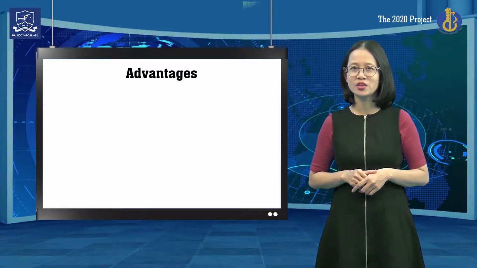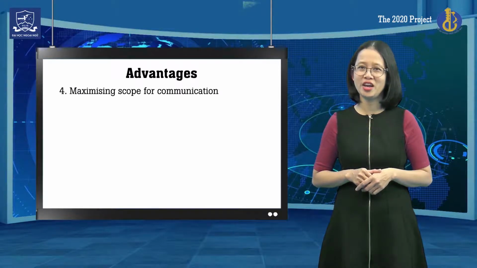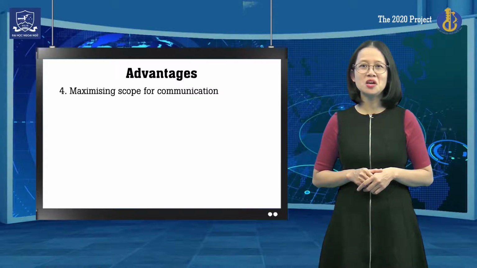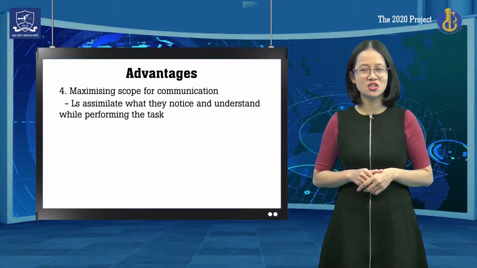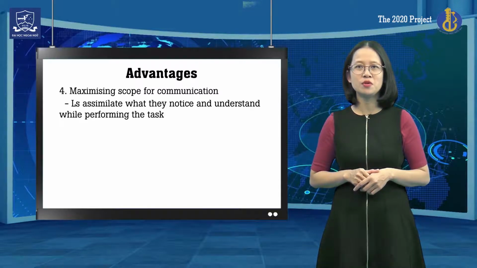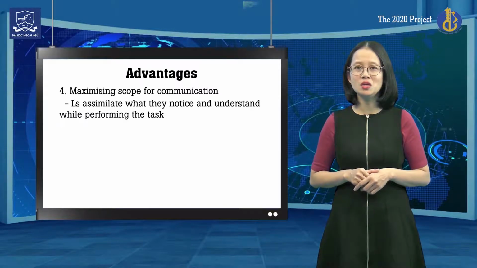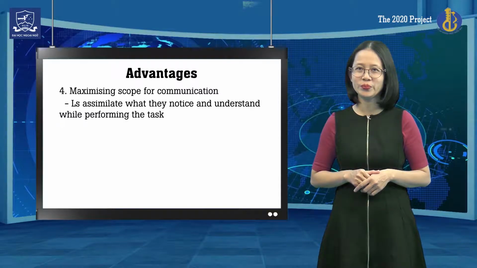Number 4. In addition, TBI maximizes scope for communication. Task-based learning provides conditions that allow learners to assimilate what they notice and understand while performing the task. By participating in the task, learners not only acquire new language items, but also make use of the language they have acquired recently.